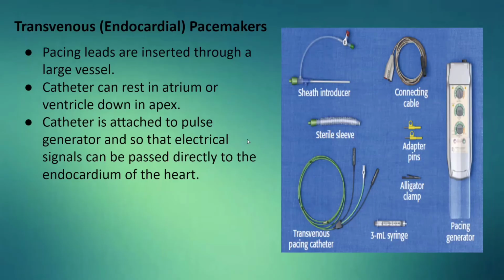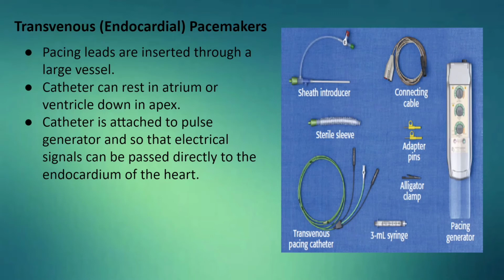So now let's talk about transvenous or endocardial pacemakers. In this setup, we have pacing leads, and these are inserted through a large vessel, usually either the internal jugular or the subclavian, and passed through the heart, so the end of the catheter can either rest in the atrium or in the ventricle down in the apex.